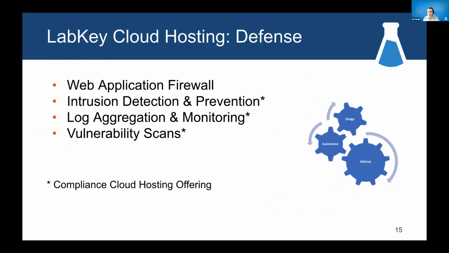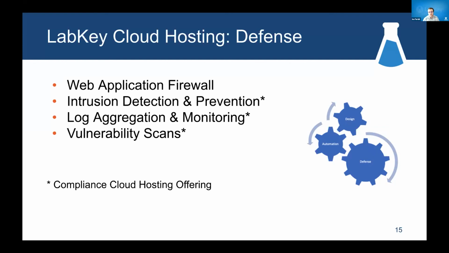So the next approach that I'm going to talk about is defense. It's easily our most important approach. As mentioned earlier, we considered security as a part of the design. We use firewalls and network access control lists to restrict network traffic to only what the application uses. In addition, we have also implemented a web application firewall.